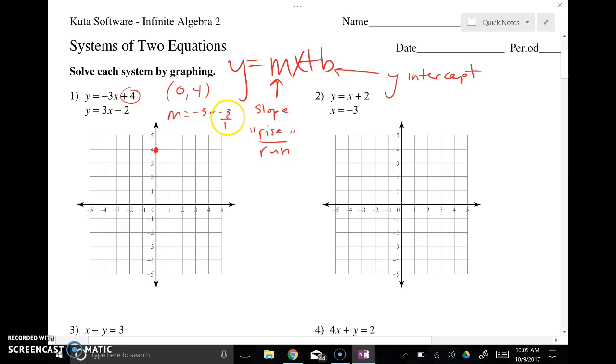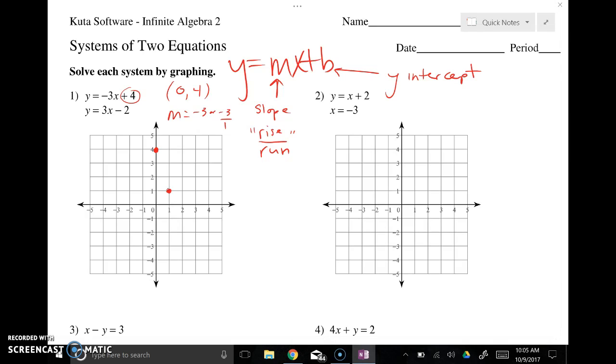So -3 means we're going to go down, because a negative rise would be down, and a +1 means that we're going to go right, because a positive run will be to the right. So down 1, down 2, down 3, and then right 1, and this would be our second point that we need to graph this line.